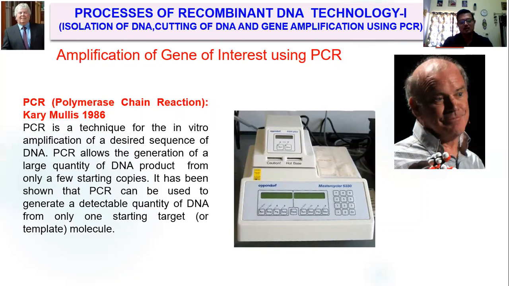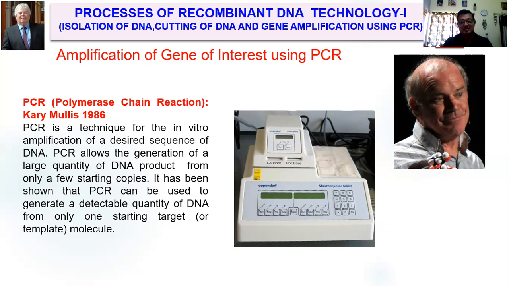In recombinant DNA technology, one issue that came up was how to amplify the gene of interest. If the gene is in small amount, how to amplify it? That means you need to replicate that DNA, but that replication has to be done outside the living system. That is called in vitro replication.